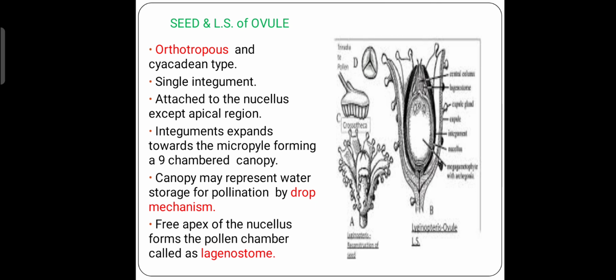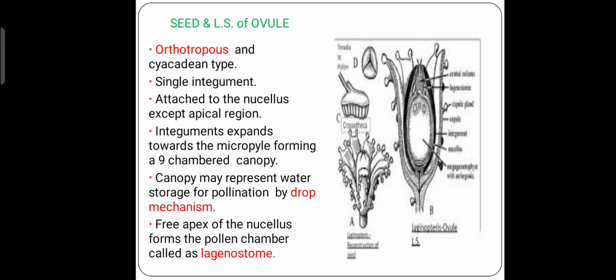The ovule is typically orthotropous and cycadean type. It has a single integument, and it is attached to the nucellus except in the apical region. Integument expands towards the micropyle forming a 9-chambered canopy.